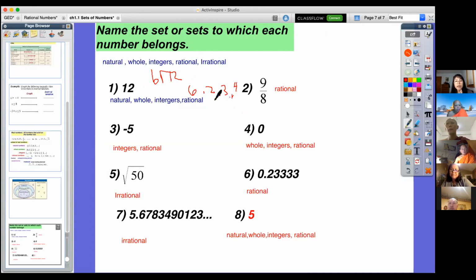As long as you find another number that 12 can be divided by, then it's not a prime. A prime cannot be divided by any number except 1 and itself. Like 5, nothing goes into 5. You can only divide by itself, 5, and by 1.